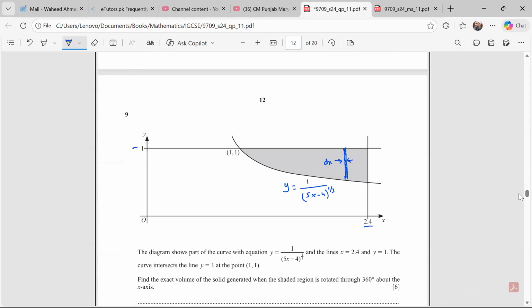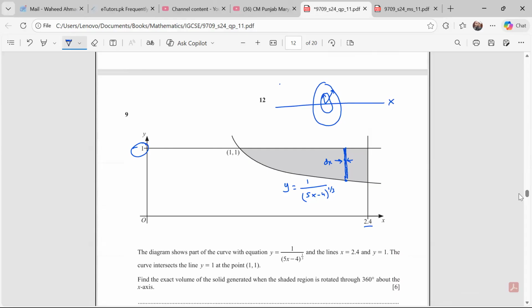Let me show you what I mean. This is my x-axis and it will be a disk around it. The bigger radius is 1, and the inner radius is this function value. Does it make sense?